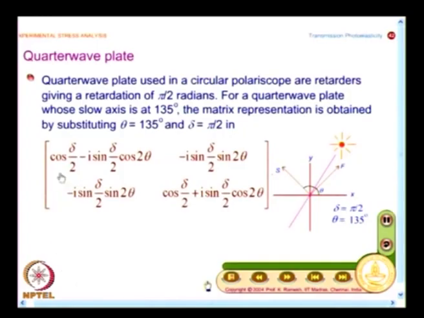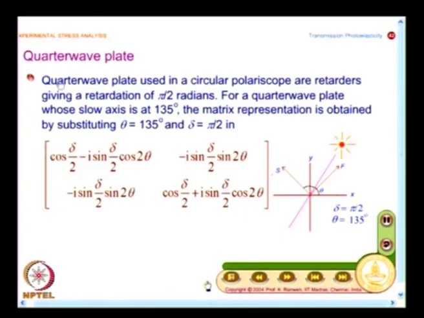The retarder is cos delta by 2 minus I sin delta by 2 cos 2 theta, then minus I sin delta by 2 sin 2 theta, similar terms here, this is symmetric actually, cos delta by 2 plus I sin delta by 2 cos 2 theta. This is the representation of a retarder.